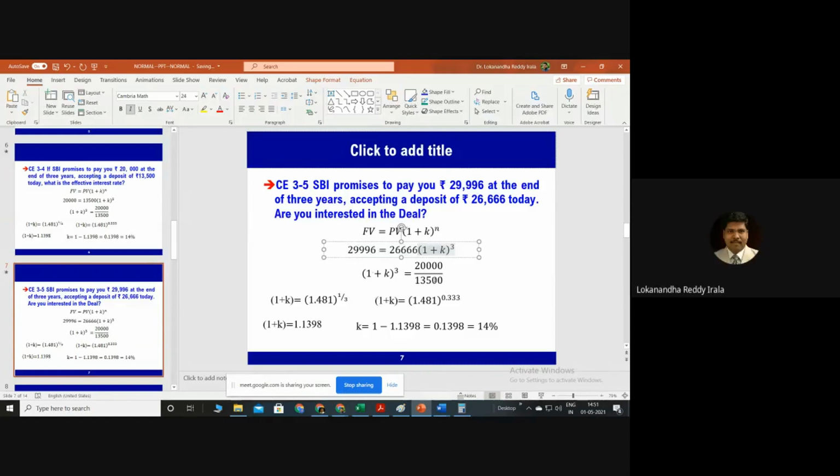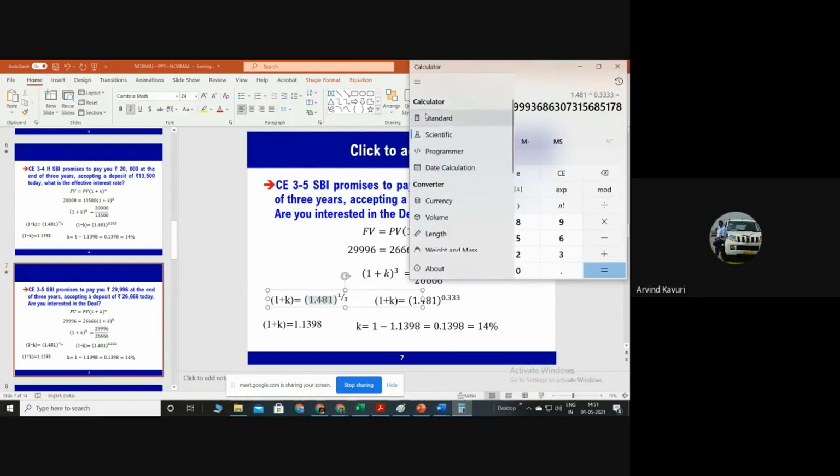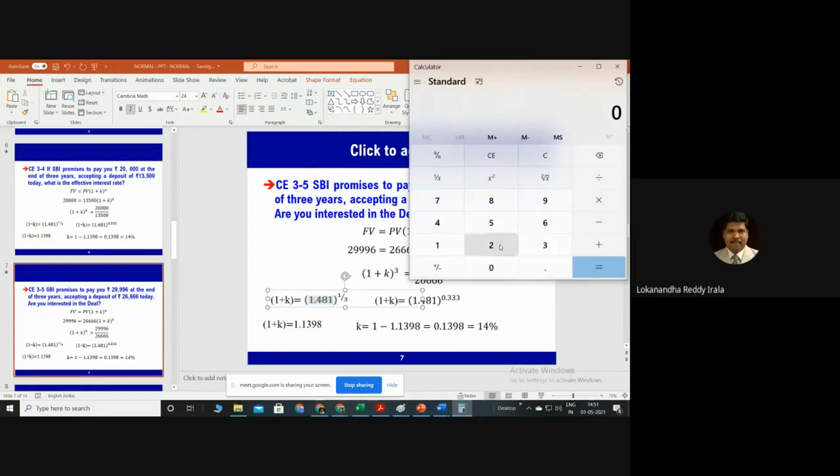So 1 plus k whole to the power of 3 is 29,996 by 26,666. So 1 plus k is equal to how much is this? 29,996 divided by 26,666 is 1.1248.